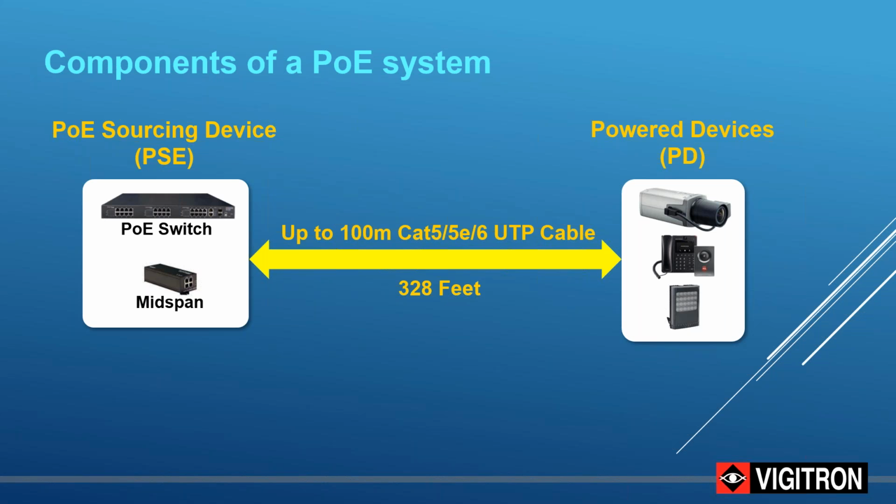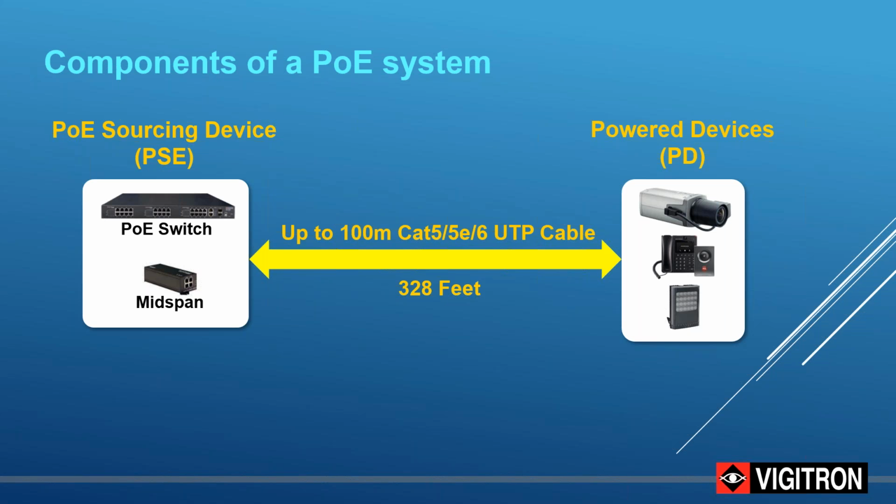When we look at the systems, we have to understand that they're based on performance by IEEE standards. And these standards dictate the length of the cable and the performance that's expected.